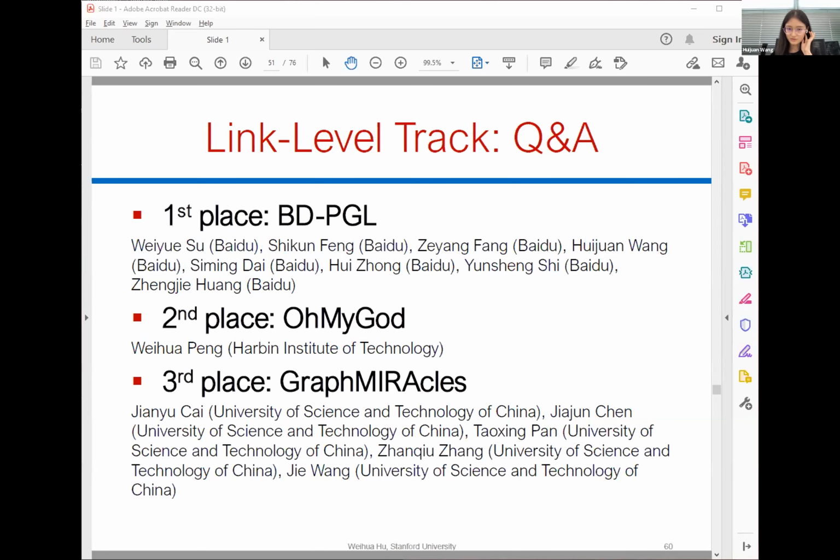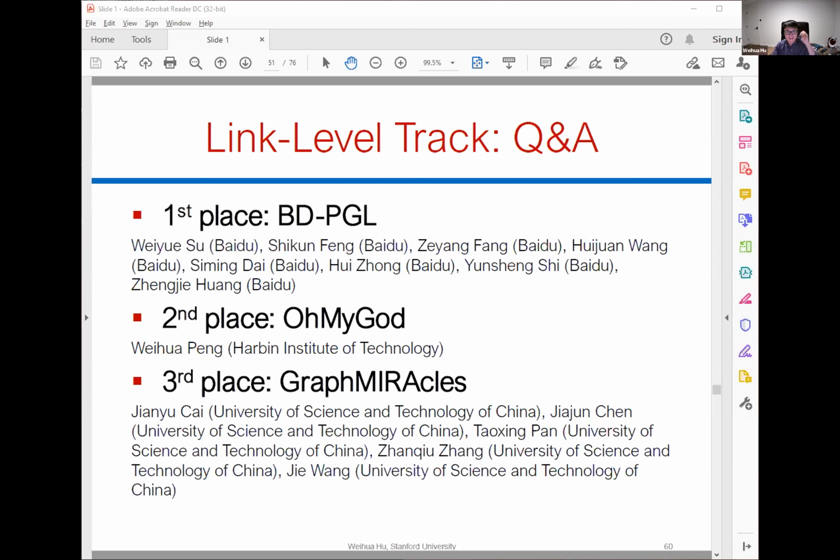We use RPS with TransE and RotatE and ensemble all these models together, and we will get about 0.94. Yes, I see.